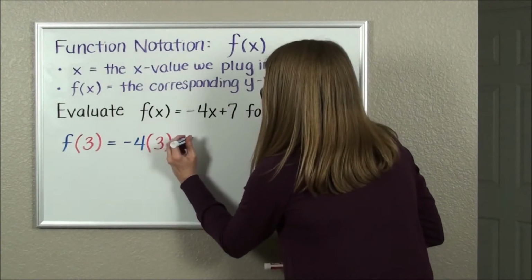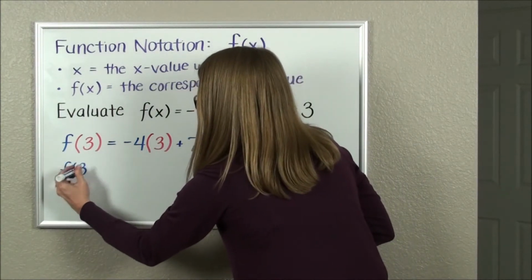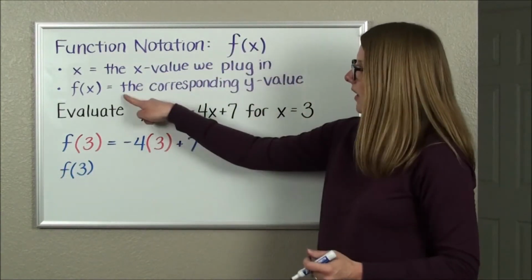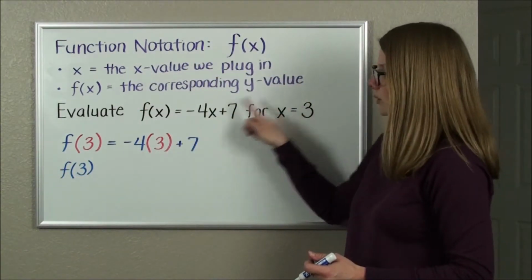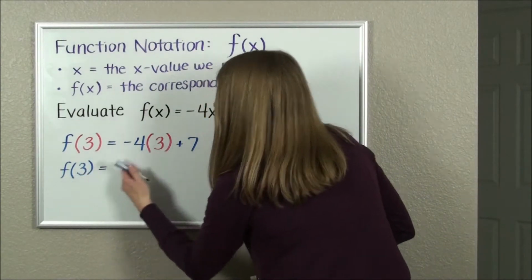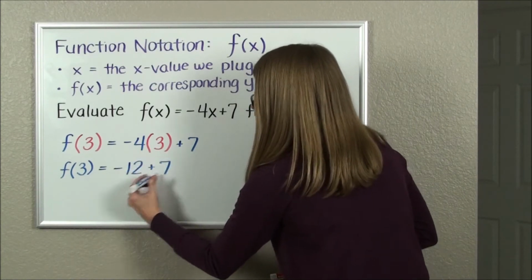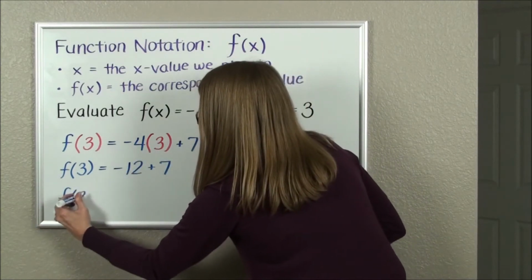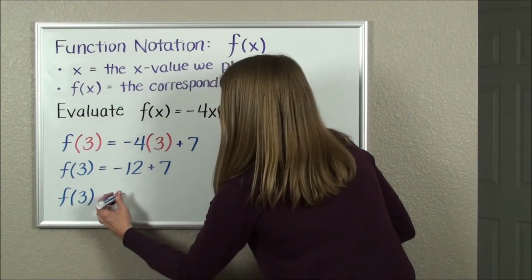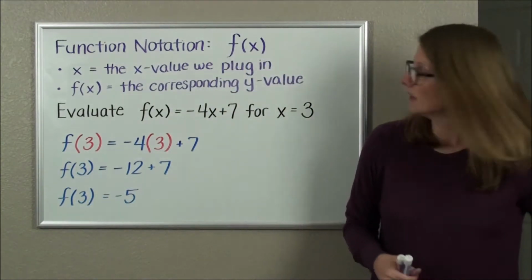The left side is going to stay put. It's still going to say f of 3, which is a fancy way of saying the corresponding y value when x is specifically 3. So negative 4 times 3 gives us negative 12. Negative 12 plus 7 tells us that f of 3 is negative 5. And so again, looking at what does that mean?